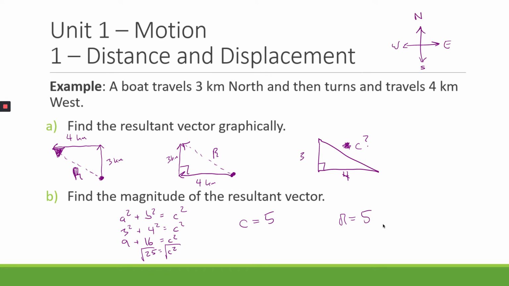Now we always need a unit in physics. It was 5 what? Well, these were 3 and 4, but those are 3 kilometers and 4 kilometers. So our other leg of our triangle is going to be kilometers as well. So 5 kilometers. Beautiful. Now, if I want to add some definition here, could I tell you roughly what direction that R is going?